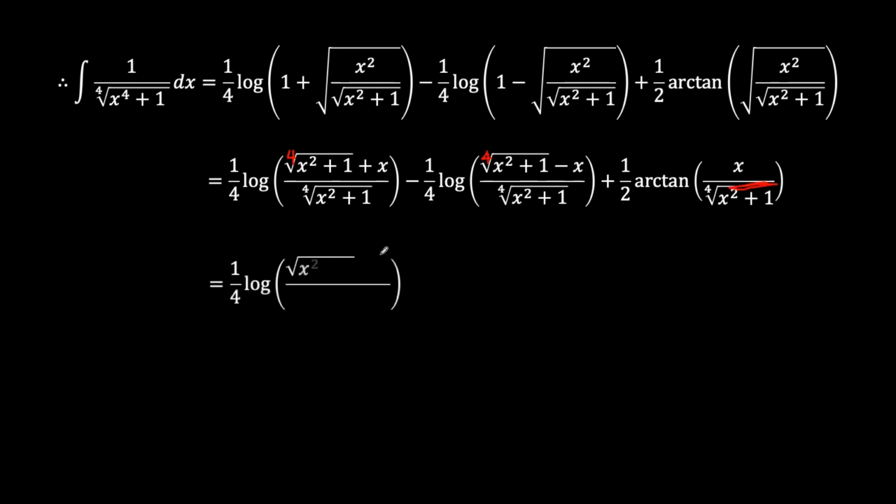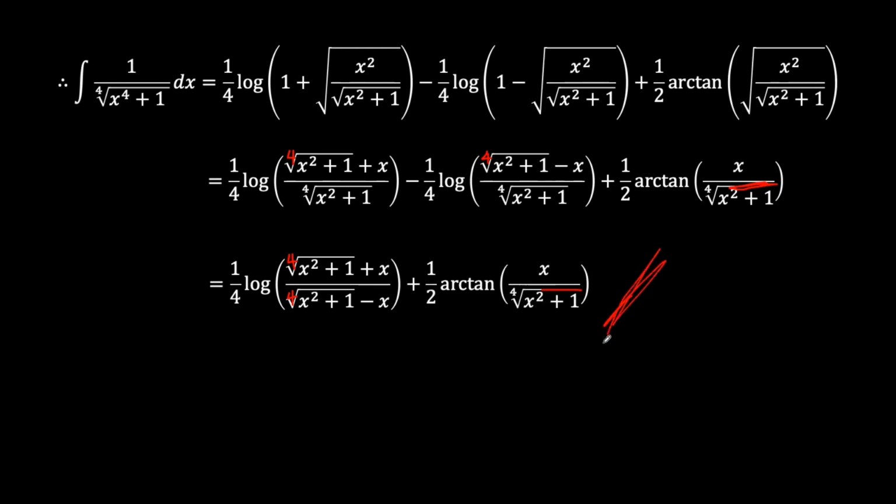And so the final answer is a quarter times natural logarithm of the 4th root of x squared plus 1 plus x over the 4th root of x squared plus 1 minus x, plus half arctangent of x over the 4th root of x squared plus 1. So this is our final answer.